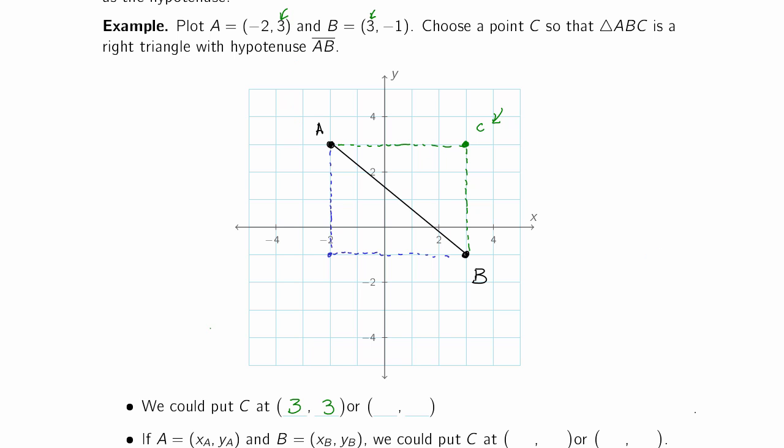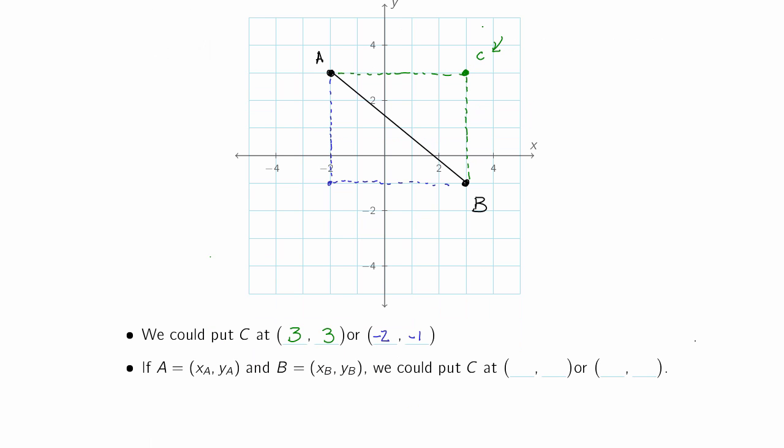Notice, X is 3, Y is 3. Not a coincidence. If I'd made the other choice, I could have put my point at X is -2, Y is -1. And again, notice, X is -2, Y is -1. Not a coincidence. To be on the same horizontal line is to have the same y-coordinate, and to be on the same vertical line is to have the same x-coordinate.